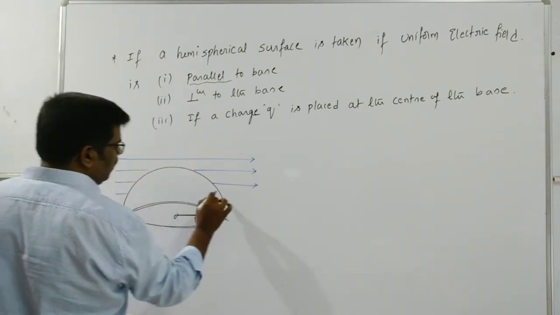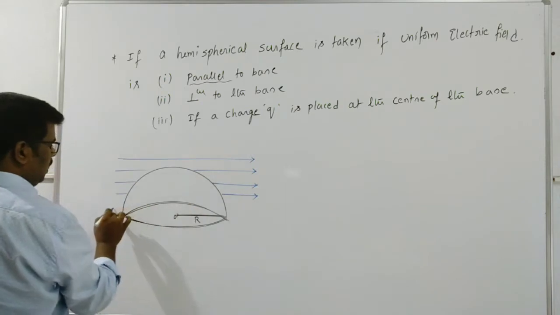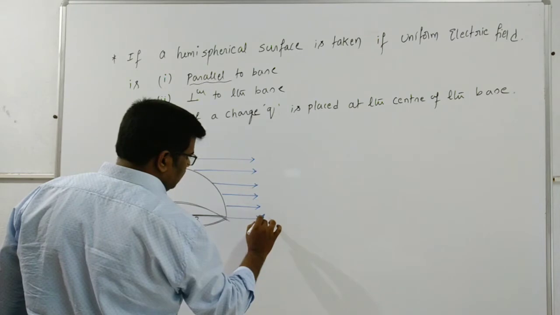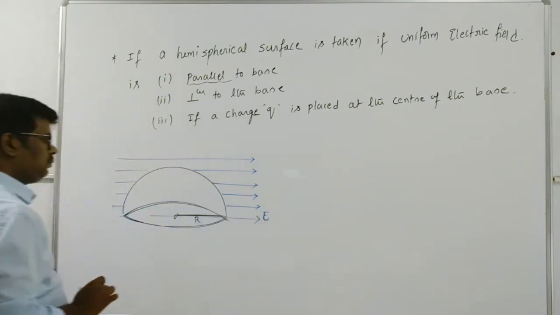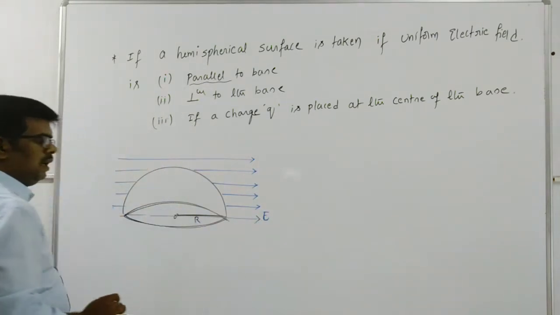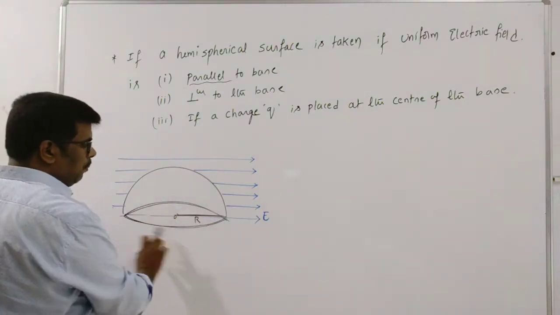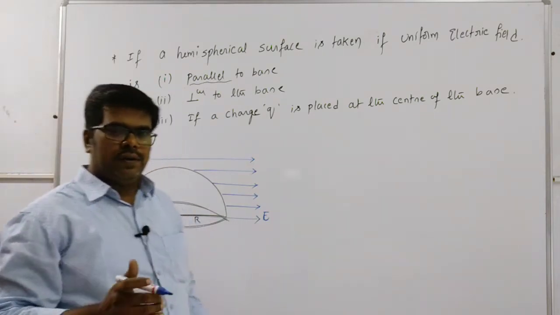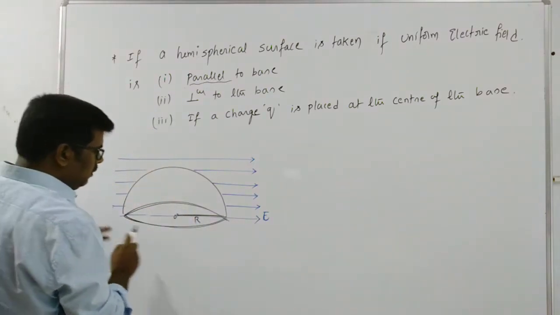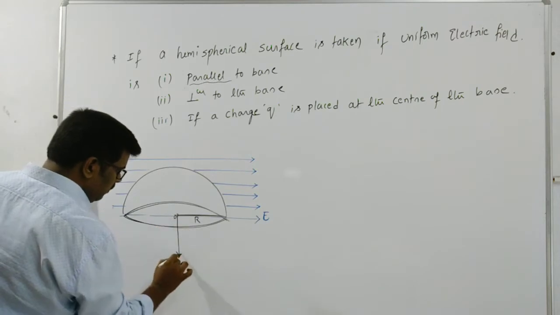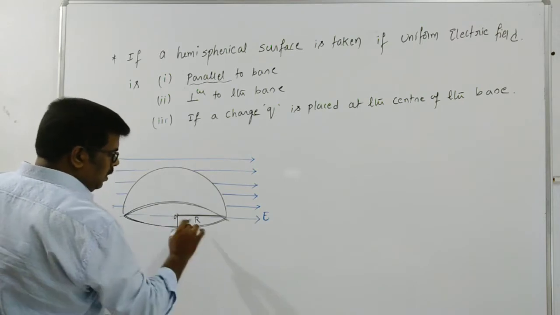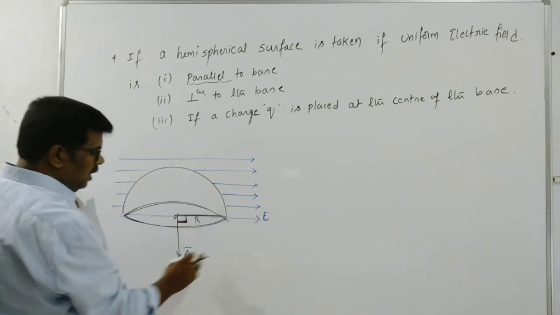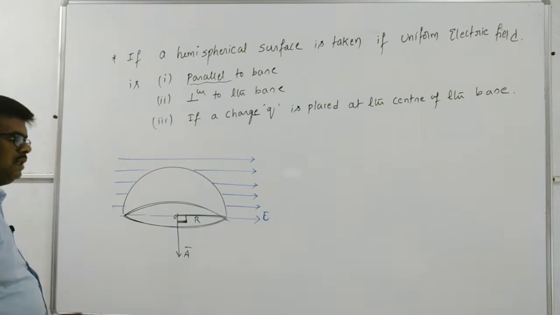Because the field is not passing inside the conductor, we are not showing it like that. So this is the uniform electric field direction, and this base has area pi r squared. The area vector is always normal to the surface and outwards, so this is area vector A1. The direction of electric field intensity and the area vector at the base are perpendicular to each other.